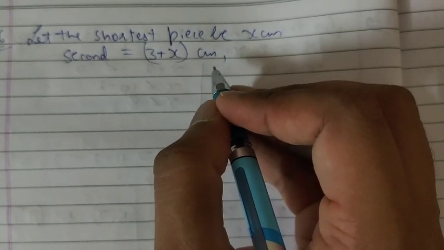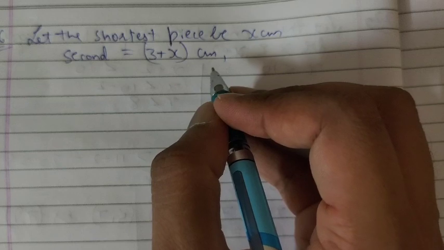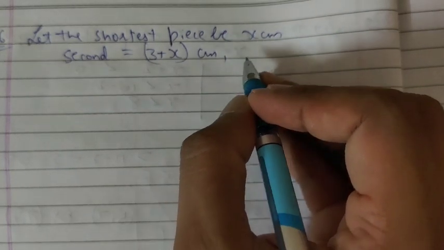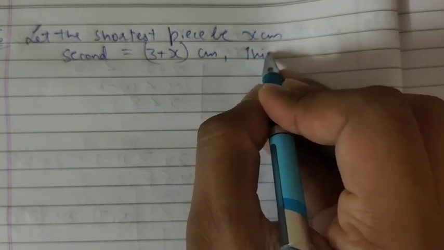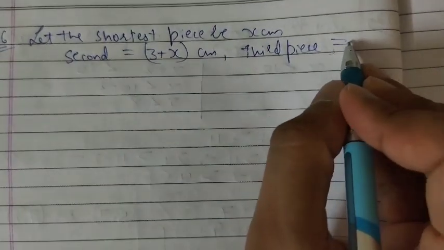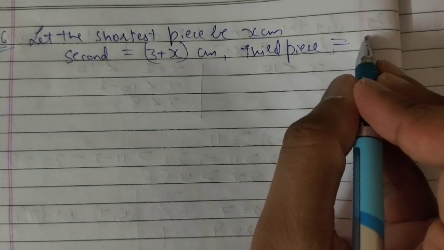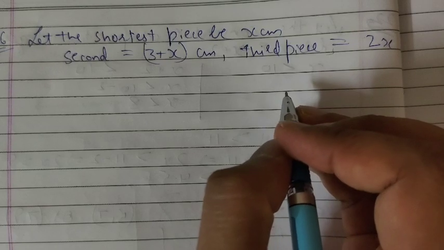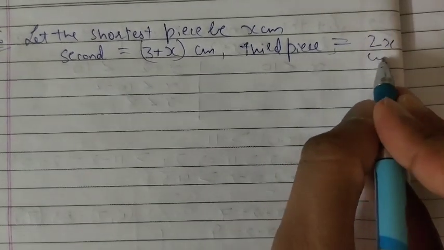And third is to be twice as long as shortest. So third piece is twice as long as shortest. So that means it will be equal to 2x centimeter, right?